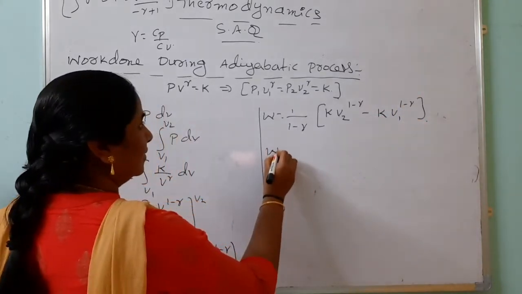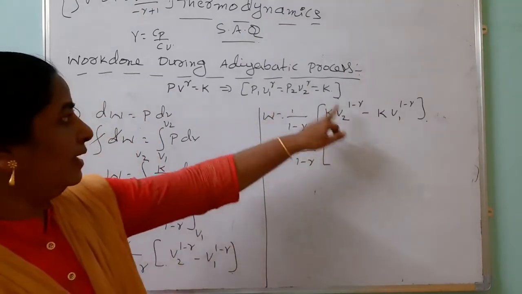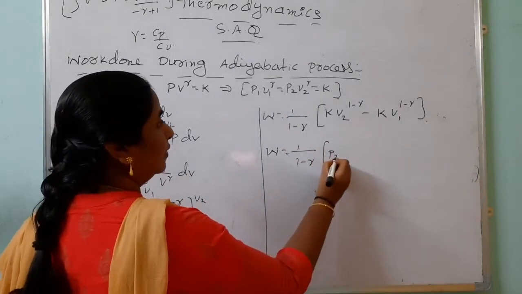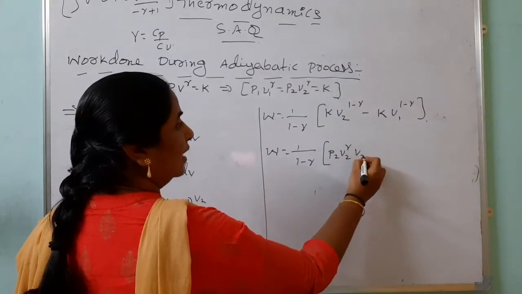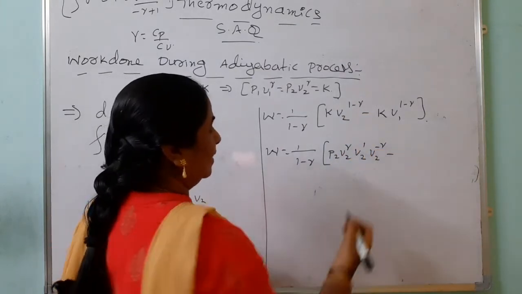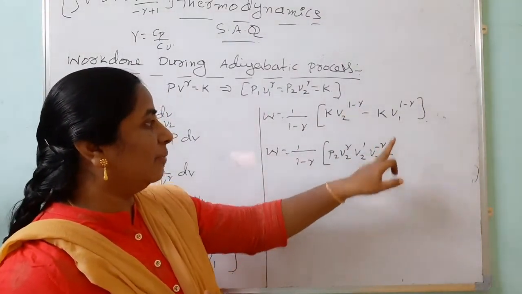Now come to this 1 by 1 minus gamma. Instead of K, here V2 is there, I am taking this expression P2 V2 power gamma. Then instead of V2 power 1 minus gamma, we can write V2 power 1, V2 power minus gamma. Try to understand, I have split V2 power 1 into V2 power minus gamma.